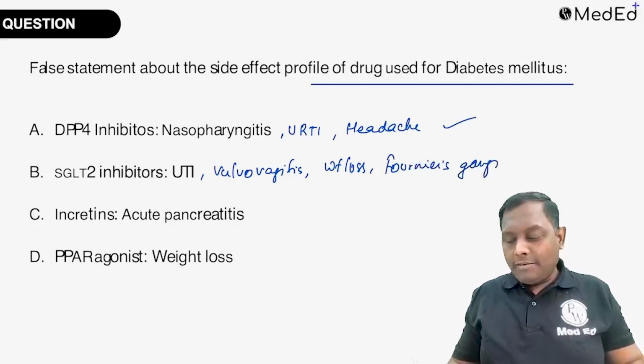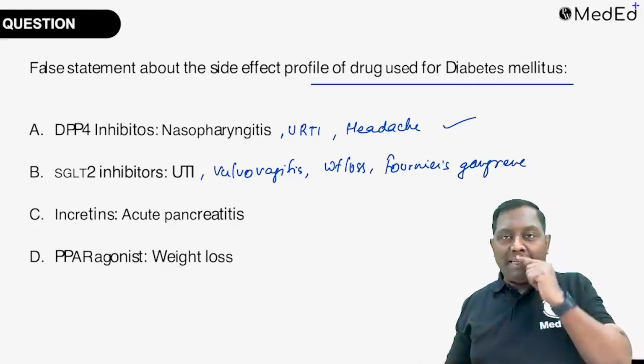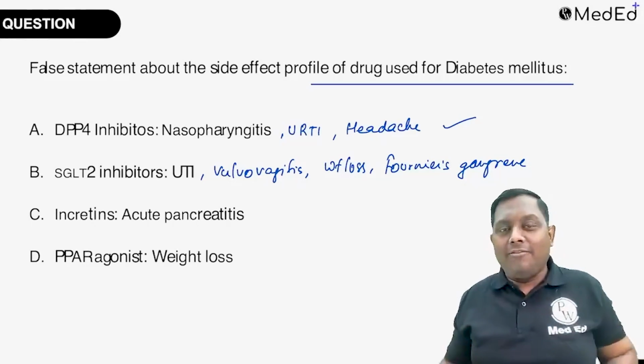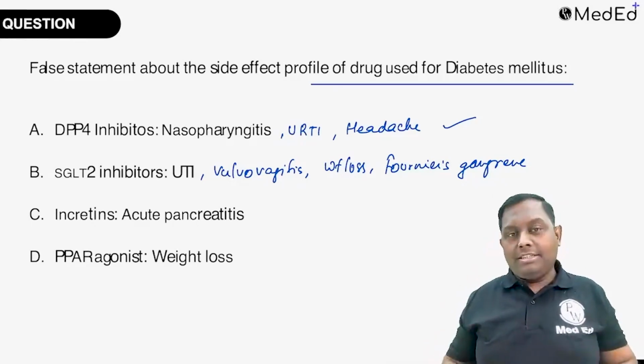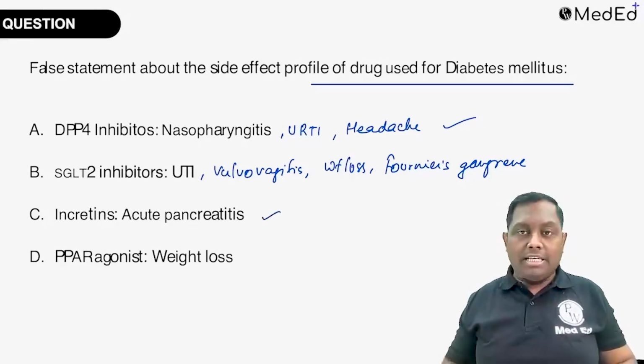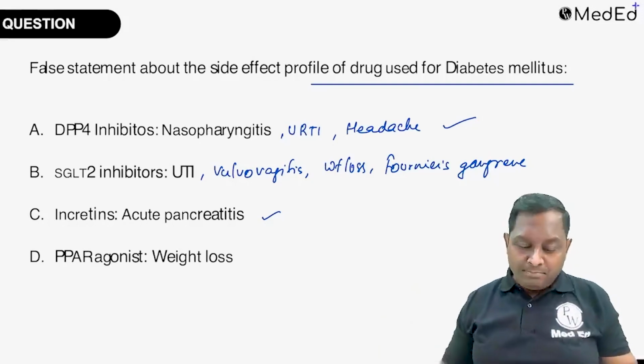This is also correct. There were previous reports that also supported that it causes fracture risk like canagliflozin, but now that is denied. Incretins causing acute pancreatitis. Incretins can also cause pancreatitis. Any drug that is working at the level of pancreas, they can cause pancreatitis.